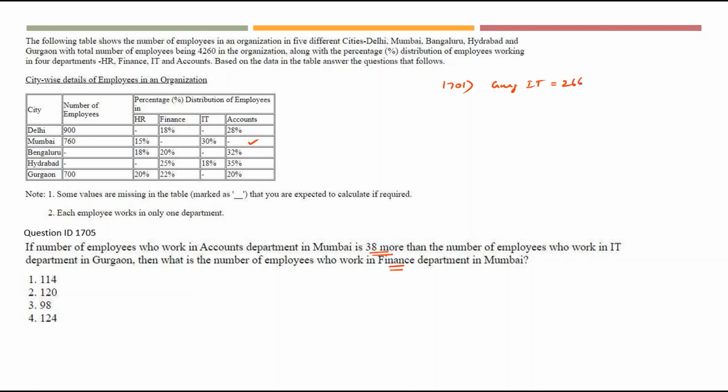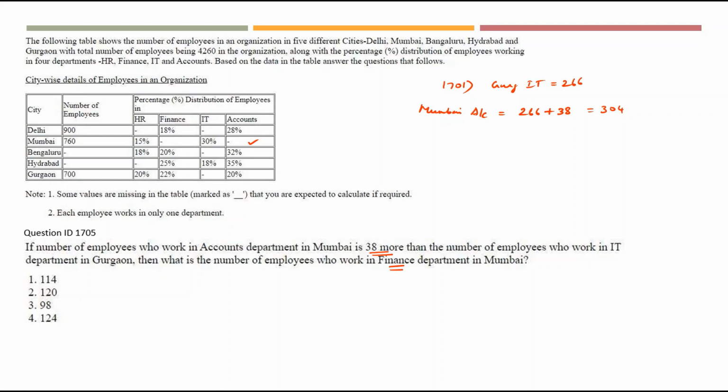They have not given the percentage of accounts department in Mumbai. So accounts in Mumbai is 38 more than the number of employees of Gurgaon's IT department. So 266 plus 38 because it is 38 more than. So this will give a value of 304. So Mumbai's accounts department has 304 employees.